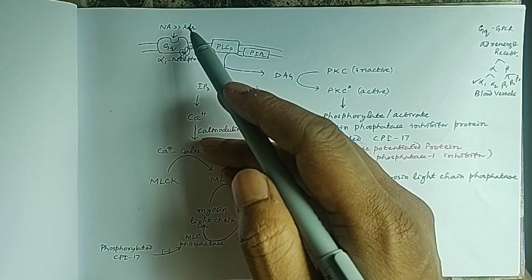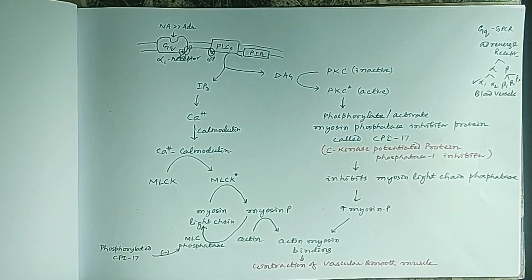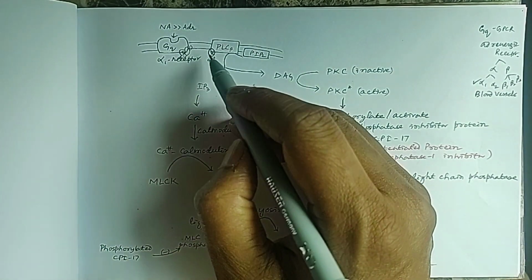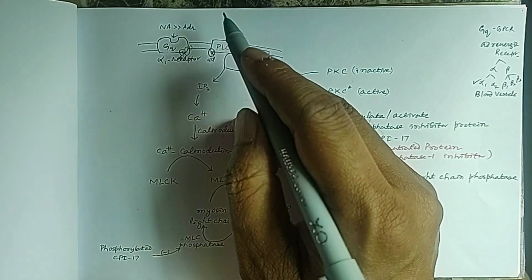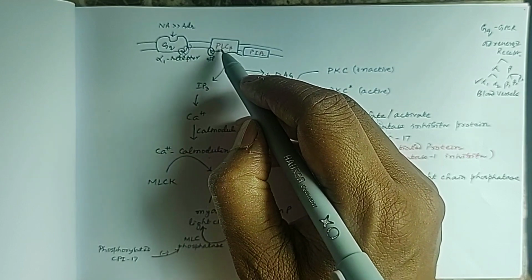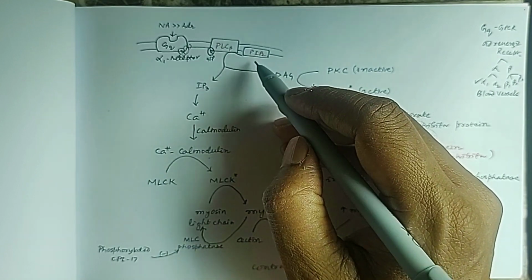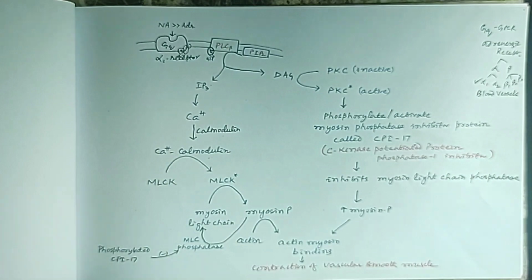Noradrenaline has more affinity than adrenaline for alpha-1 adrenergic receptor. Alpha q GTP will bind to the specific effector, phospholipase C beta, which will convert PIP2 into IP3 and DAG.